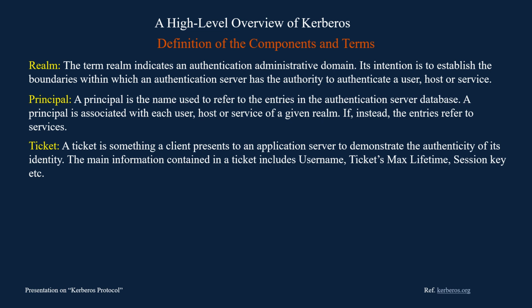The main information contained in a ticket includes username, ticket's max life, session key, etc. Consider that you are visiting a museum, so you need to purchase a ticket. That ticket will have how much money you paid, the date of your visit, and some other information. So you present it to the gatekeeper and they will let you in.